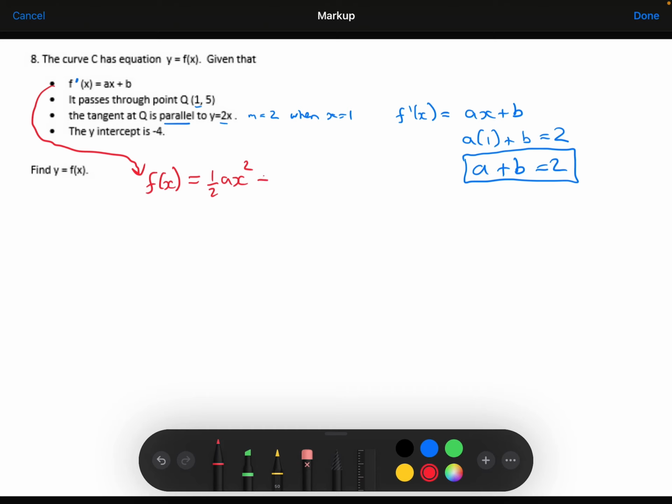Integrating the b will give me bx. And then I will have a constant of integration that I'm going to call c. But I do know that the y-intercept is minus 4. So that's telling me that my y-intercept c is minus 4.